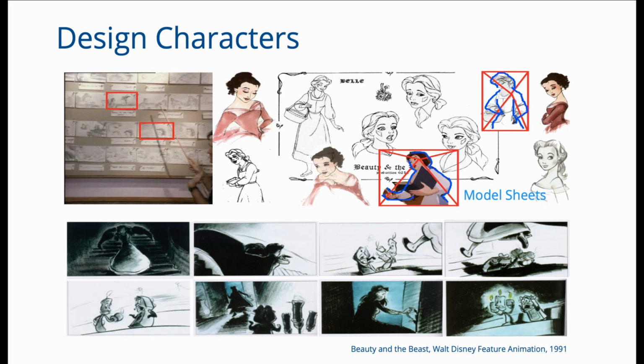This is very important because animation is usually done by large teams, and it is very, very essential that everybody on that team has the same understanding of how a character looks under various lighting, in various kinds of garments, in various poses, so that the animation is consistent throughout or across the team.